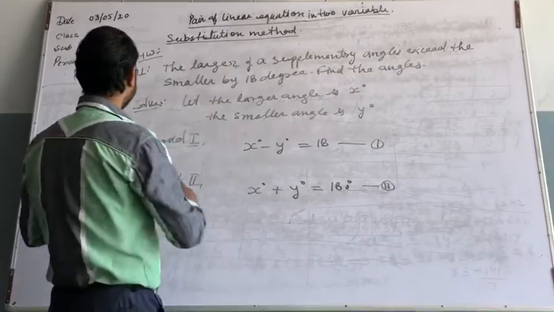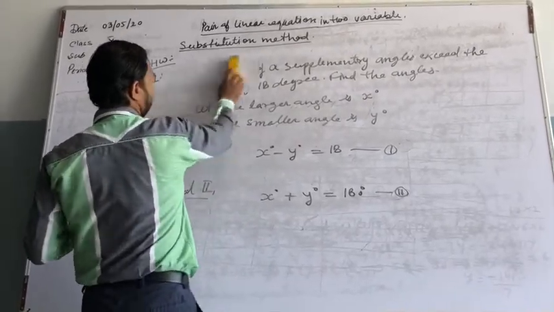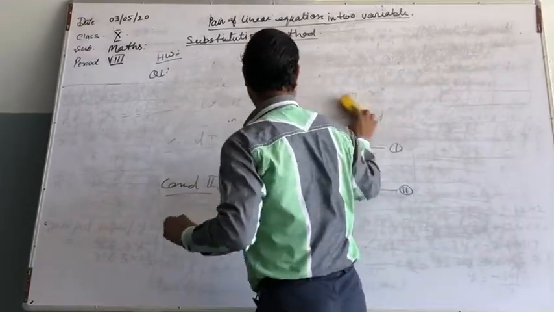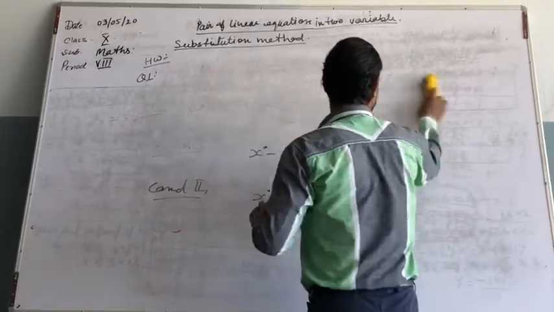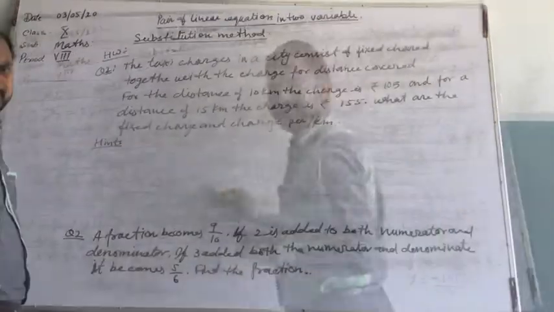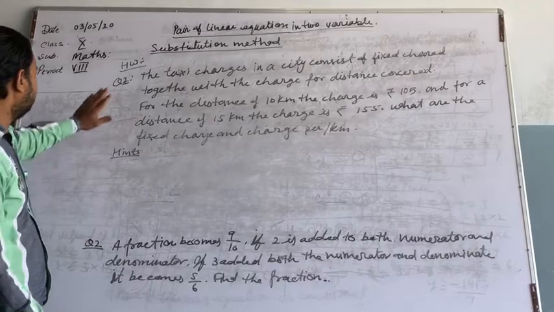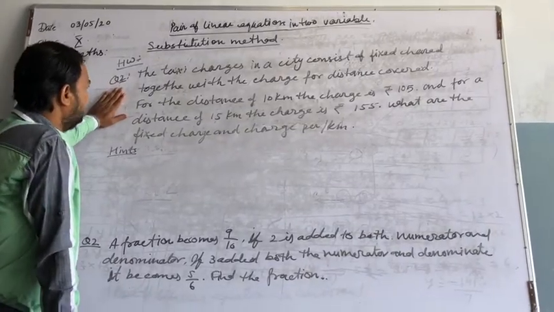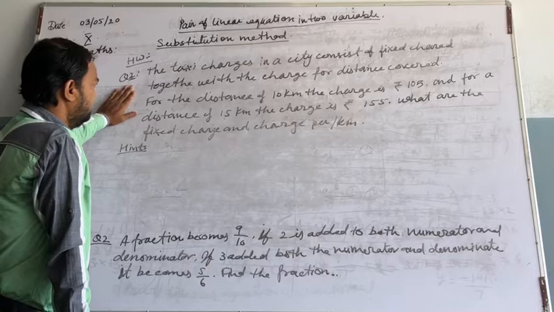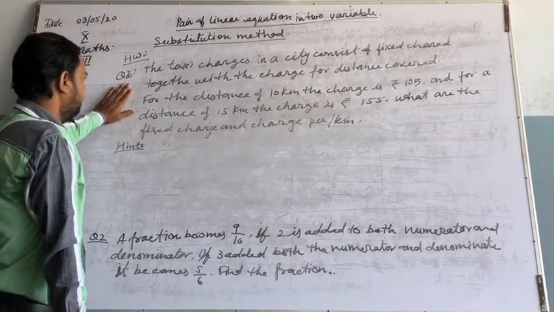Now the third question is... Students, this is the second homework. The taxi charge in a city consists of a fixed charge together with the charge for distance covered.